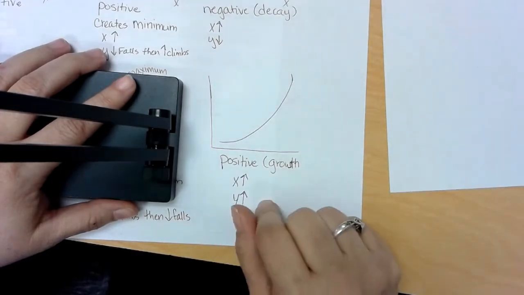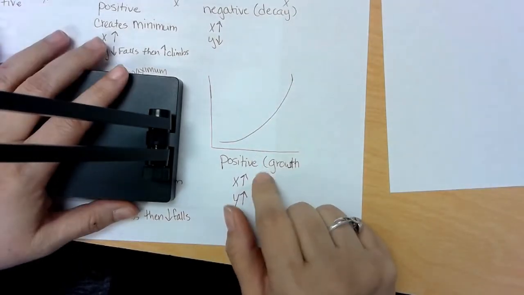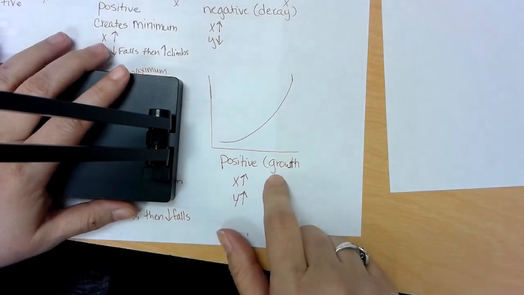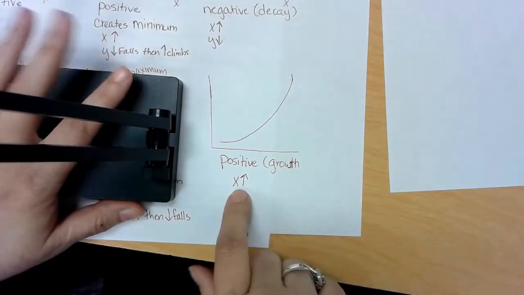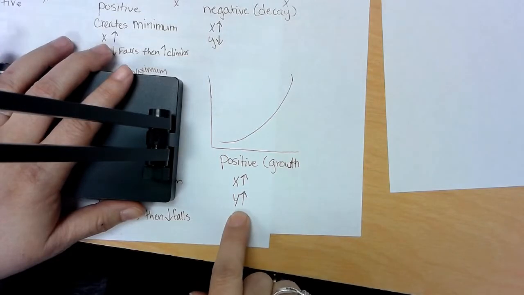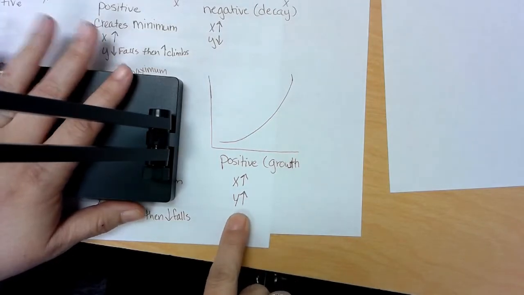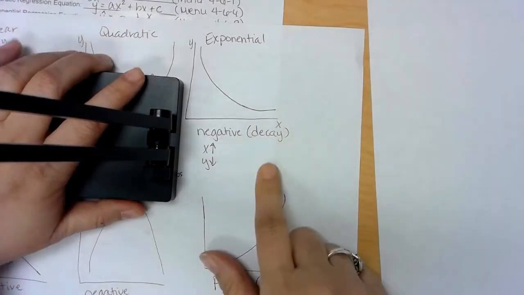Think of things like viruses. Viruses have positive growth where, as the number of days increases, the number of virus bugs will increase. Decay is the opposite.